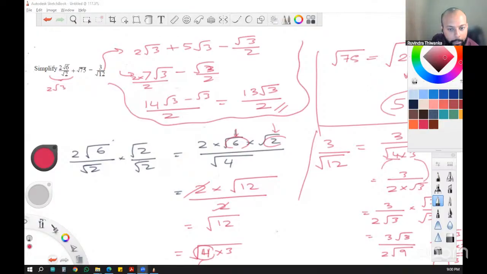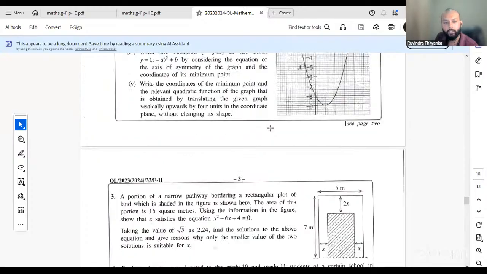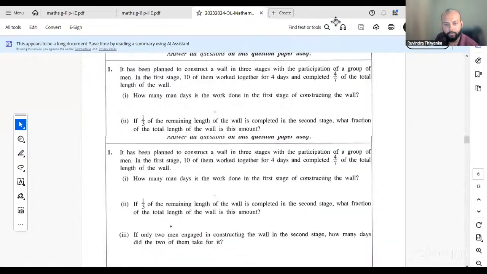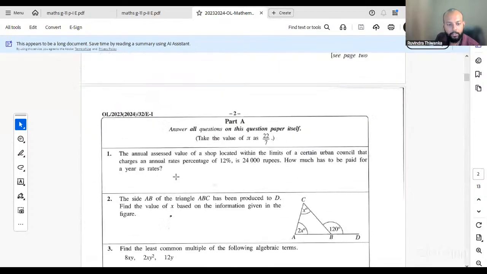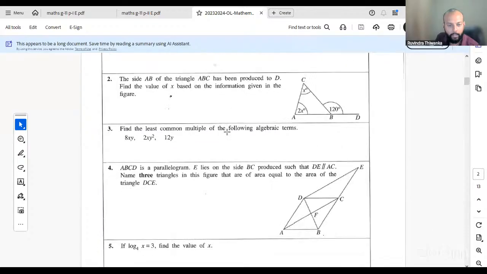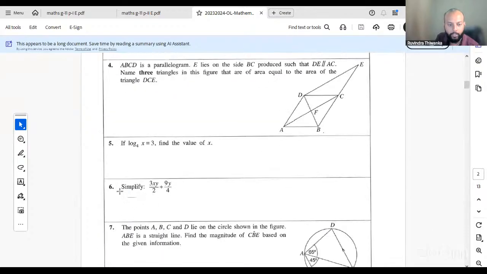If I share my screen to the PDF. So in this paper, they will ask you something in these kinds of questions. Part A, simplify. See, you have something like simplify.